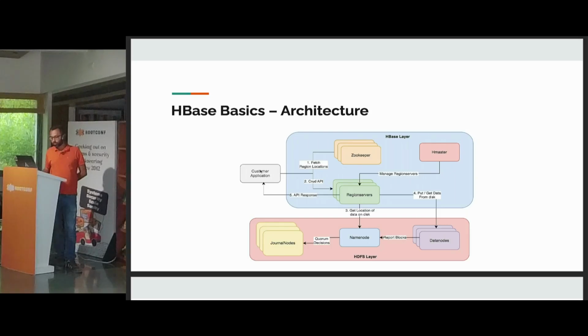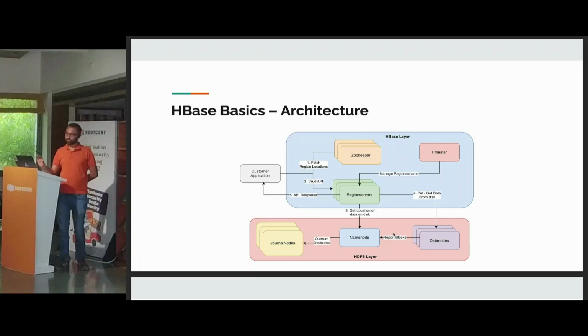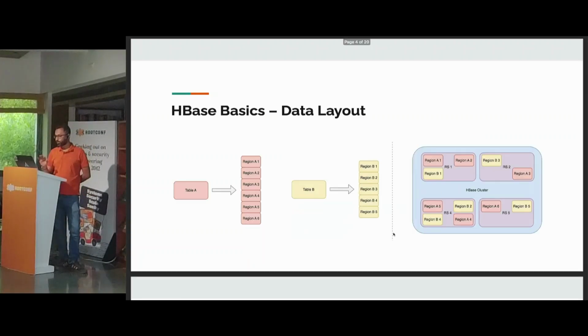So a customer application, say a transactional application or search or something else, talks to zookeepers to understand which region server hosts the data for a particular shard, and then talks to the region server. Region servers make use of the HDFS layer to store the data. So this is how it works in very basic terms.